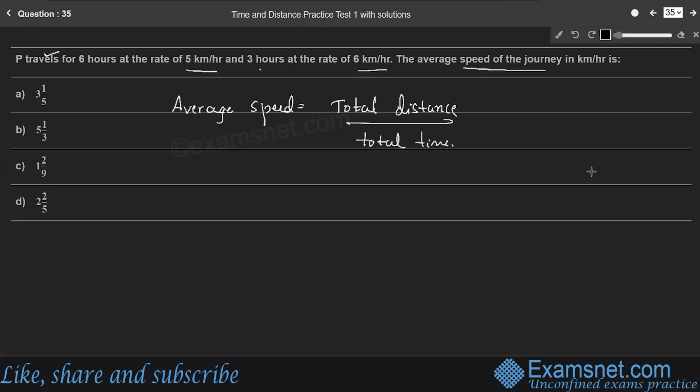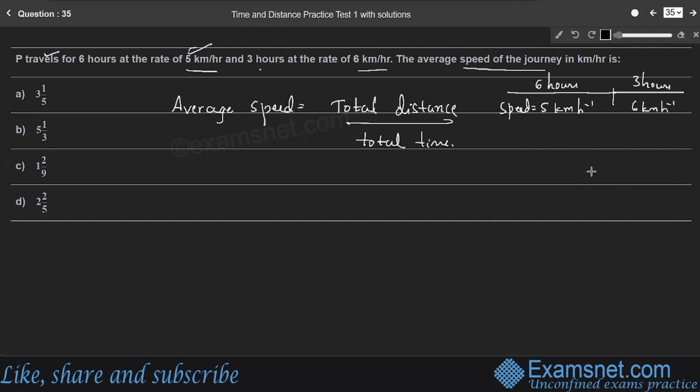Here, P travels for 6 hours. So, for the first 6 hours, P travels with the speed of 5 km per hour. At the rate of 5 km per hour means with the speed 5 km per hour. And 3 hours at the rate of 6 km per hour, with the speed 6 km per hour.